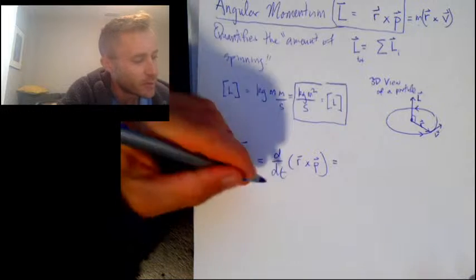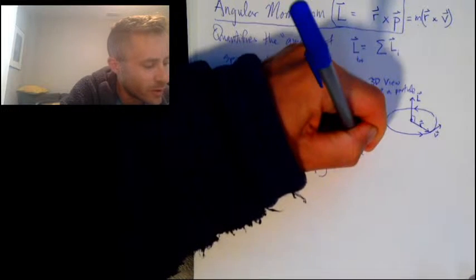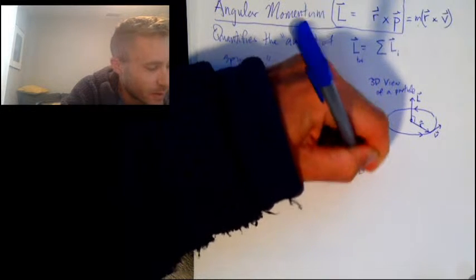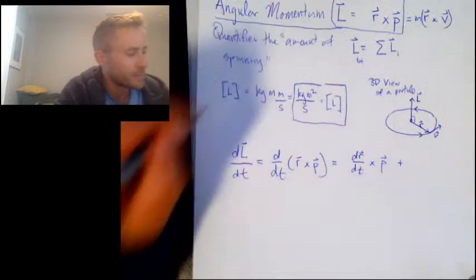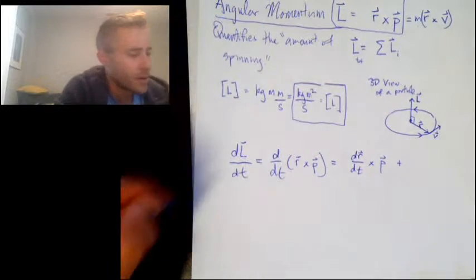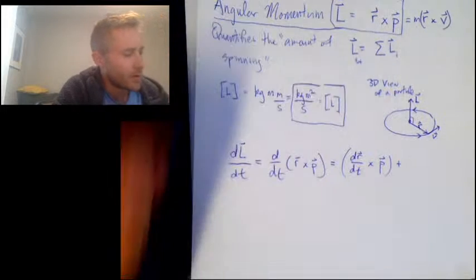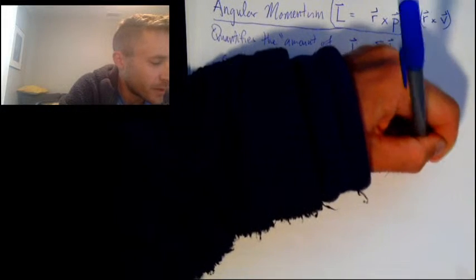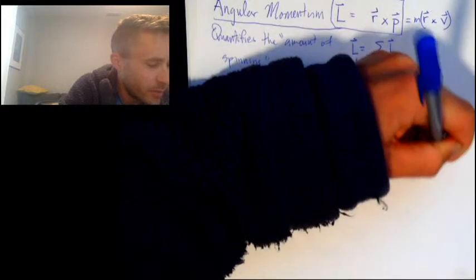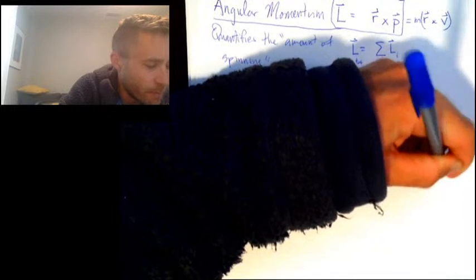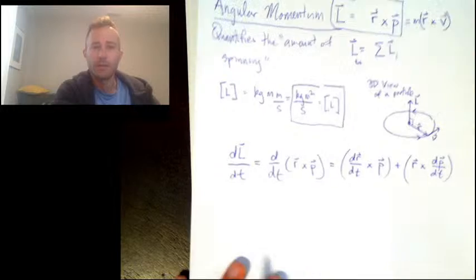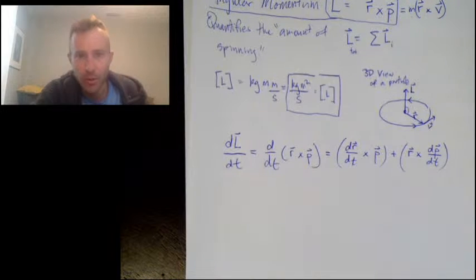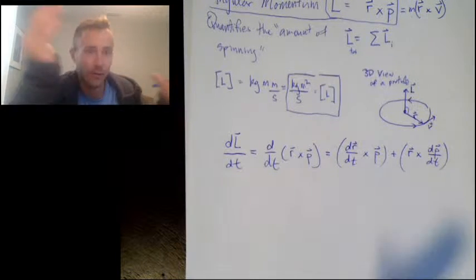Okay, so taking the derivative, we get dr dt cross p plus r cross dp dt. So that is how you do the product rule when you have a vector product.